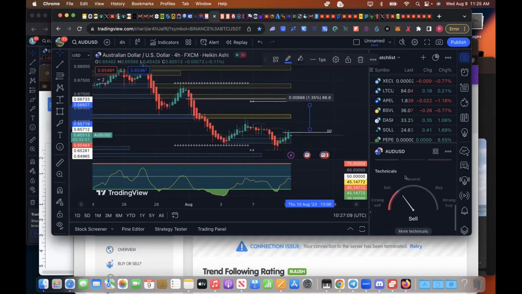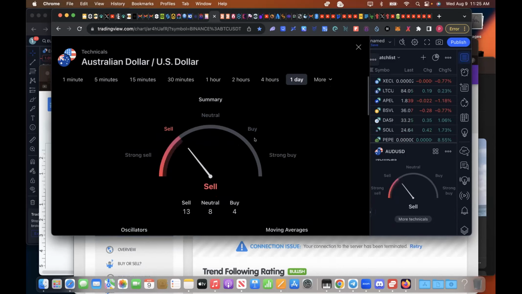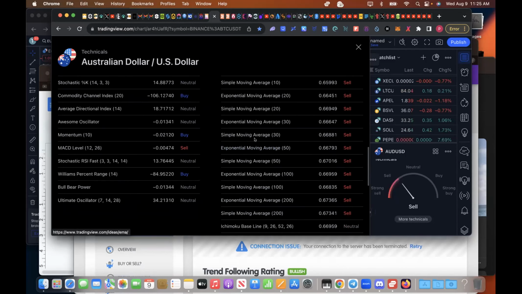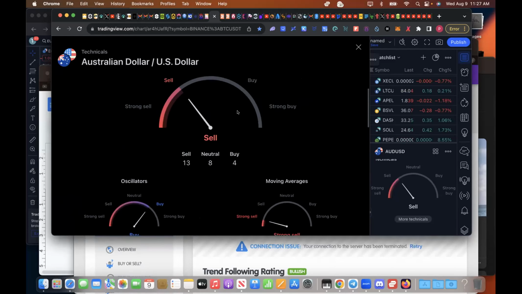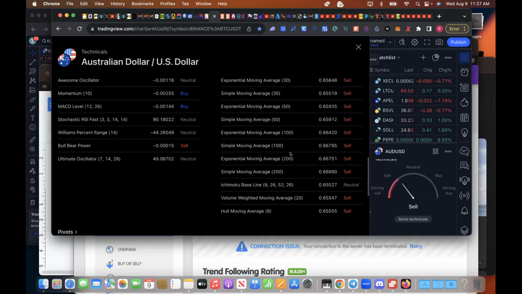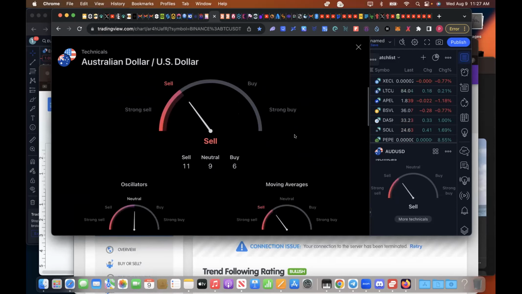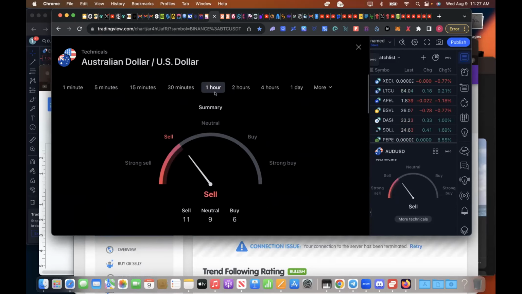Let's look at the sentiment. A lot of orders are placed for 666. Let me check the 4 hours. I see people crazily wanting to buy and sell.